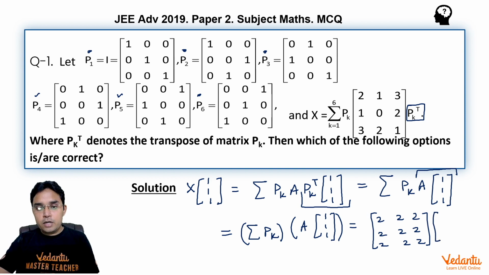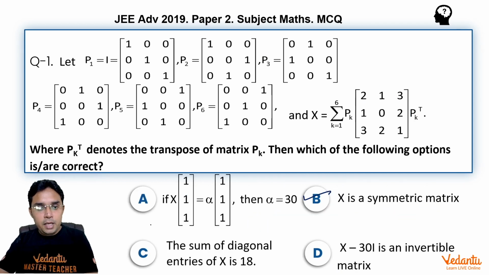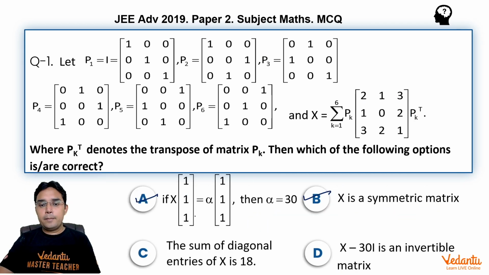And this product of A with [1 1 1], we can check the first row of this A when multiplied with [1 1 1] will give us 6 here, will give 3 here, and it will give 6 here. And if we multiply these two matrices, we get 30 here, 30 here and 30 here. So we can take 30 common and we will get [1 1 1] here. So this option A is absolutely correct.